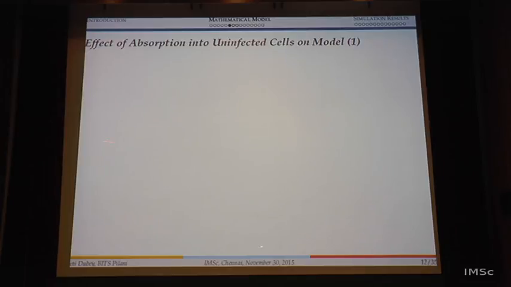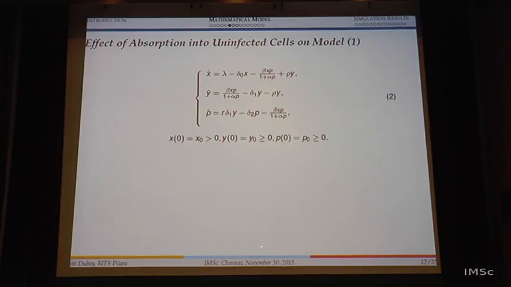This is another model in which we have considered the effect of absorption into uninfected cells for the first model. So what is the absorption of pathogens? When a pathogen enters the body, this pathogen gets reduced by 1 in the blood, and this gets absorbed by uninfected cells. Most of the time this is ignored. It is a small number, so a lot of people have ignored it, but we have considered that part.